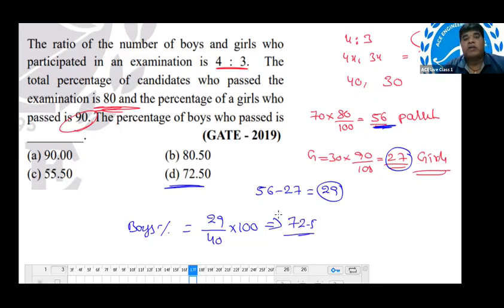You are getting 2 marks in the gate examination. From the gate point of view, the question is very easy, friends. For practice purposes we solved a number of questions, but from the gate point of view it is very easy. Ratio and proportion, allegation and mixture, one set. In ratio and proportion, the first half an hour I felt bored. Not only here, in any batch, the first half an hour we have to discuss concepts only.